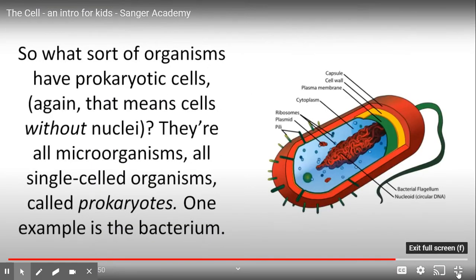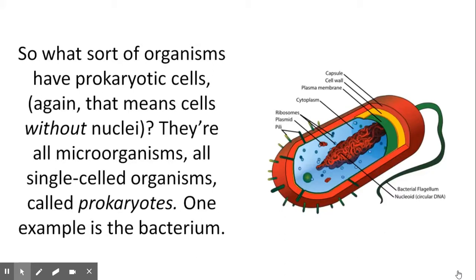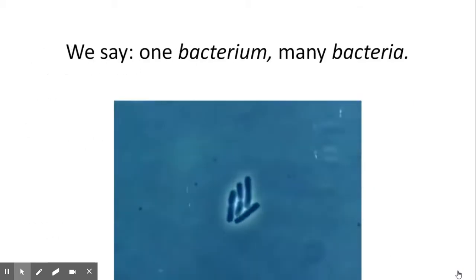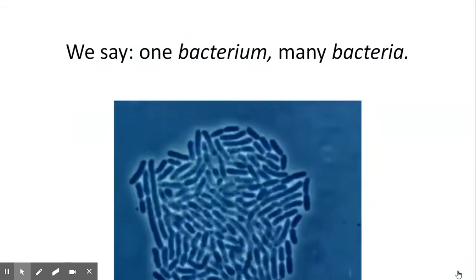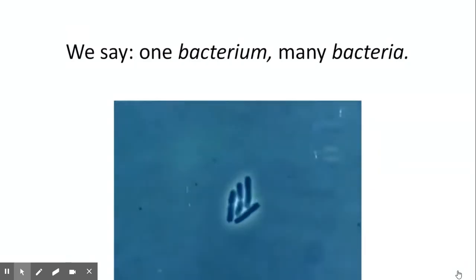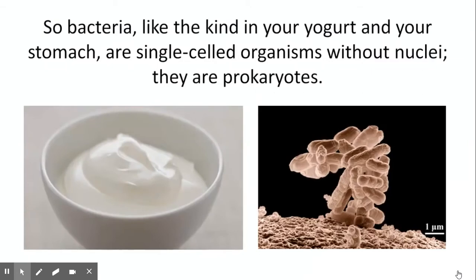So, what sort of organisms have prokaryotic cells? Again, that means cells without nuclei. They're all microorganisms, all single-celled organisms, called prokaryotes. One example is the bacterium. We say one bacterium, many bacteria. So bacteria, like the kind in your yogurt and your stomach, are single-celled organisms without nuclei.